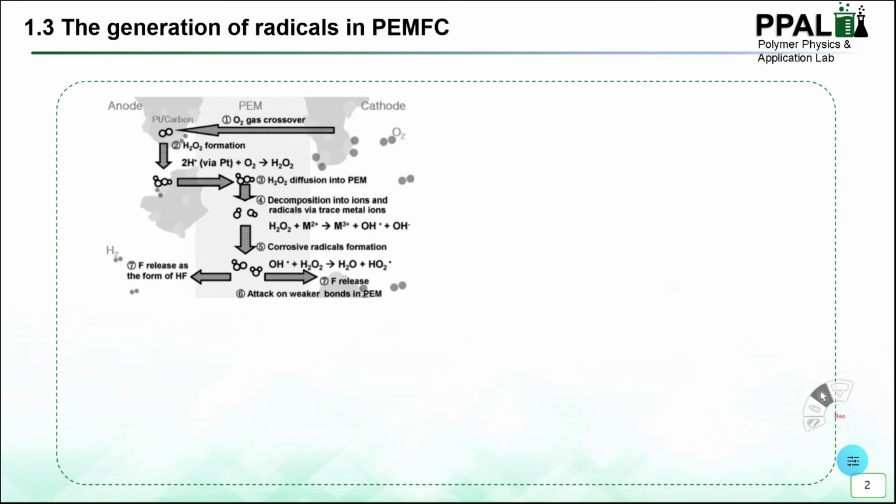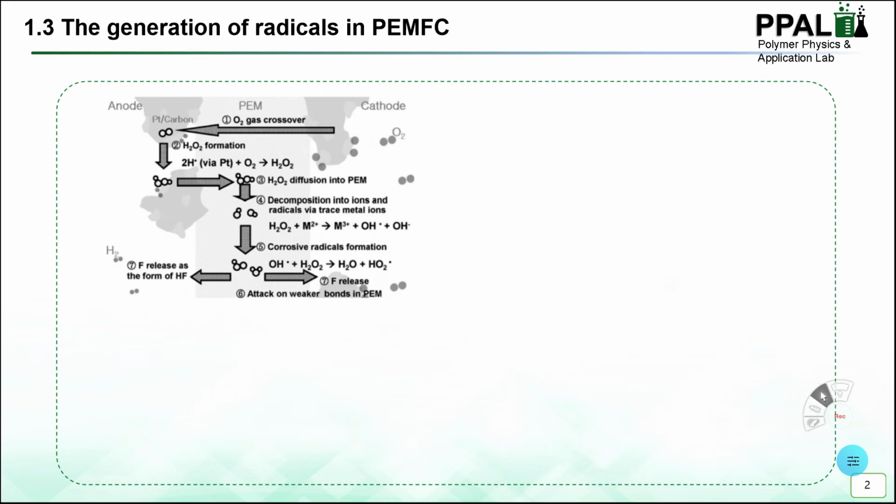This figure is the mechanism of how H2O2 is formed in the fuel cell operation. At the anode side, under the effect of the Pt, a part of the hydrogen can change to hydrogen radicals, and these radicals can directly attack the polymer structure or continuously react with the oxygen crossover from cathode to produce H2O2 molecules.